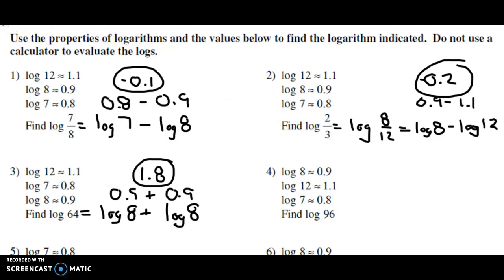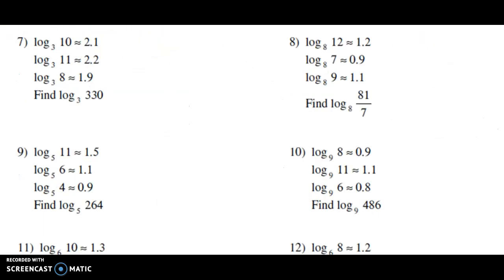If we look further into the assignment, you'll notice that beginning with problem number 7, I changed the base from base 10 to different bases, and that is significant. All right, if you think about it, for number 7, you're looking for log base 3 of 330. Well, there are several factorizations of 330, but one of them involves 3.